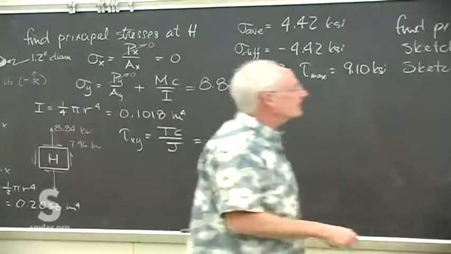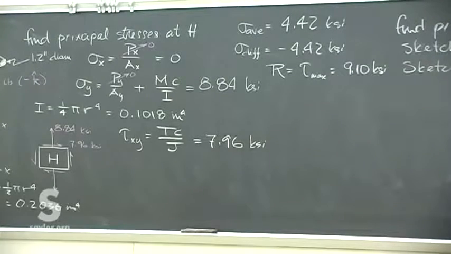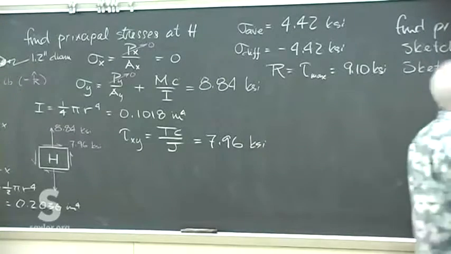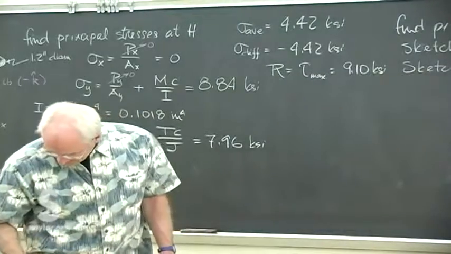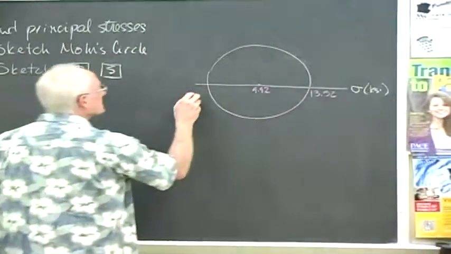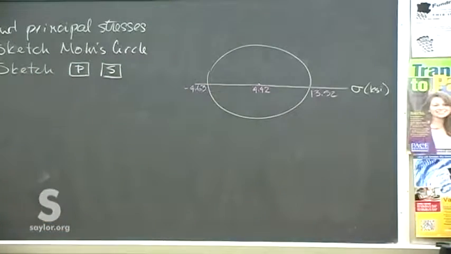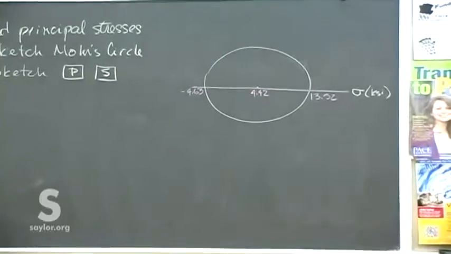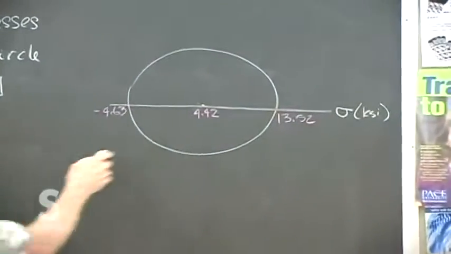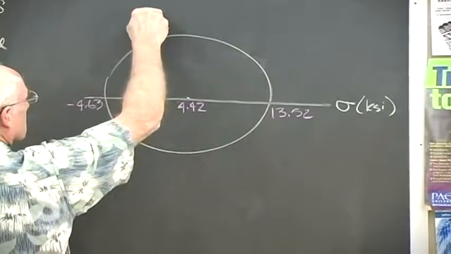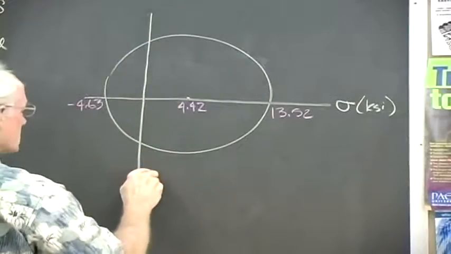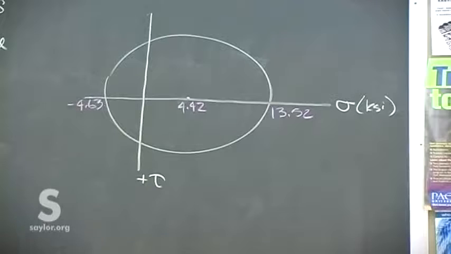Beyond that, 13.52. And the minimum is minus 4.63. Is that right? And so our tau axis is right down just about the middle of those two. So, just by coincidence, it happened to come out about the same as all the others have looked. Could have fallen anywhere, but for the values we have, we knew it fell there.